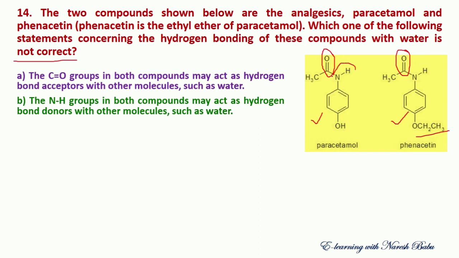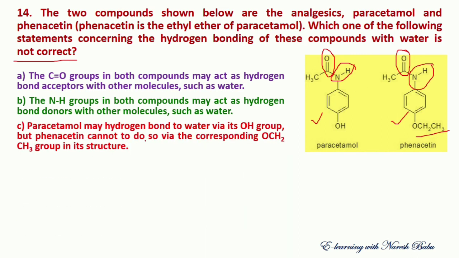So the NH present in both compounds acts as a hydrogen bond donor with water molecules. And the paracetamol may hydrogen bond to water via its OH group, but phenacetin cannot do so via the corresponding OCH2 and OCH3 group in its structure. So this OH group makes a hydrogen bond in paracetamol, but phenacetin does not make a hydrogen bond. This is the statement given.